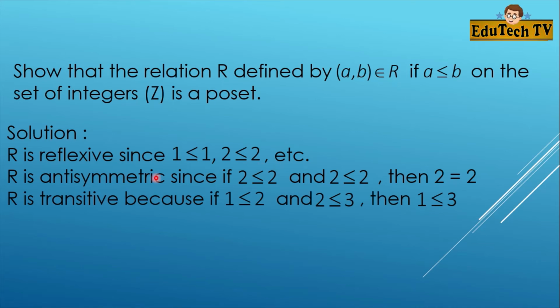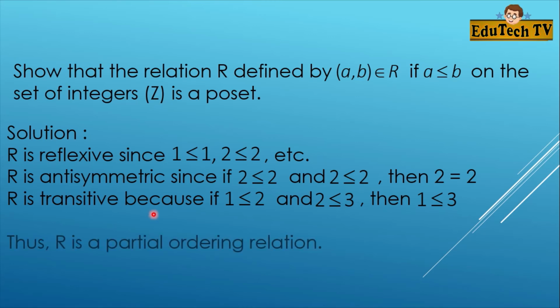Next, we have also R is transitive because if we have 1 is less than or equal to 2 and 2 is less than or equal to 3, then there must be also 1 less than or equal to 3. So since this one is pasok pa rin siya doon sa relation natin, then it is a transitive relation.